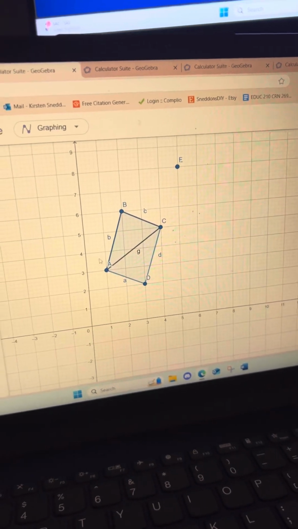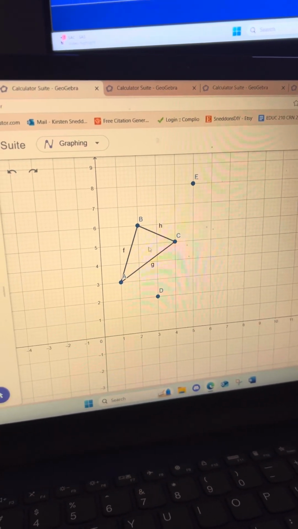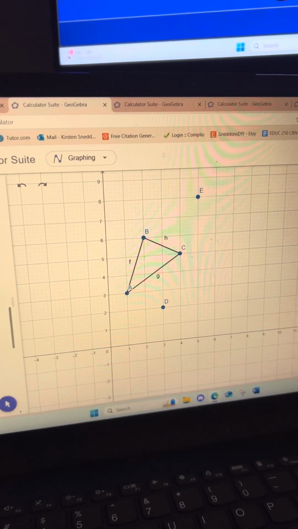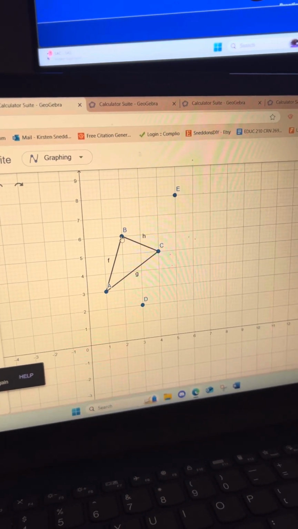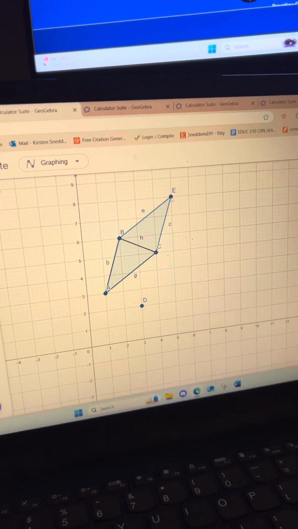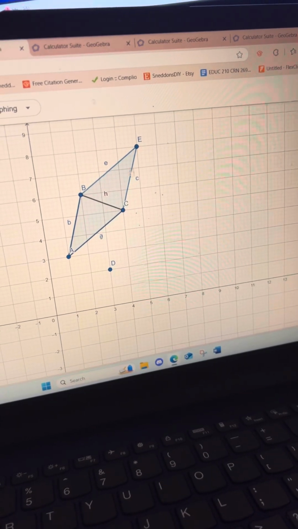And that is a parallelogram. If we did it the other way, E, B, A, C, E, you also have another parallelogram.